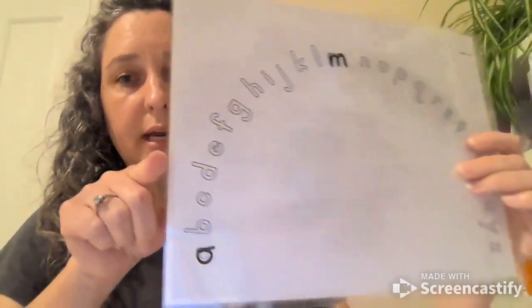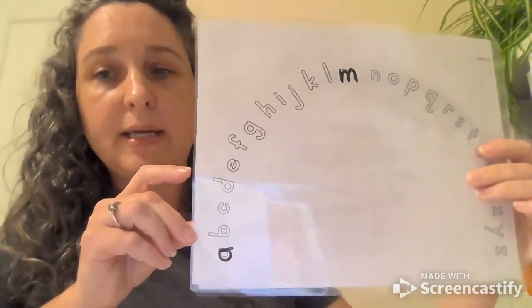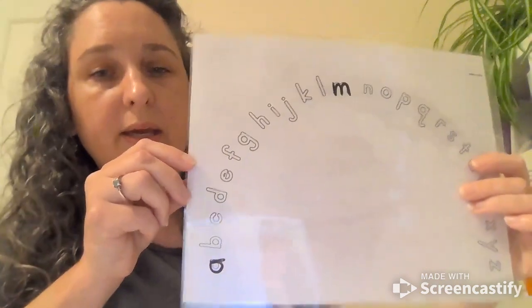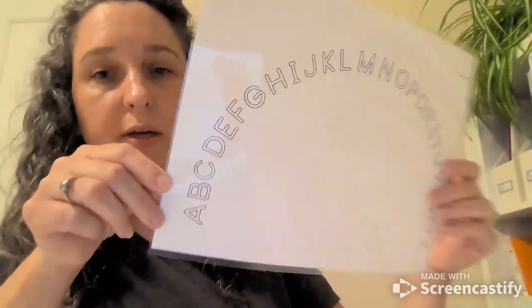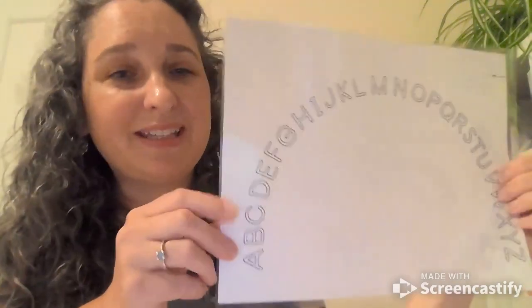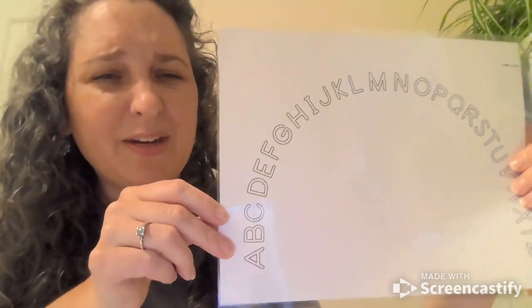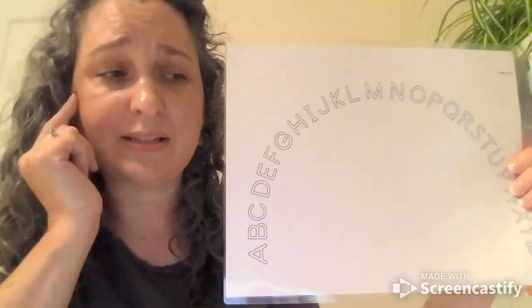There are these that are lowercase, and I hope I already said this, but if I didn't, we're working on lowercase letters almost always, because that is what the students will primarily be experiencing through their decoding or encoding. There are also some uppercase versions, because occasionally you might have older students. I've had fifth graders, even a sixth grader, who had difficulty remembering the uppercase B and D. It's tough because we're seeing mostly lowercase letters when we read and write, so sometimes it slips through the cracks what the uppercase letters look like.